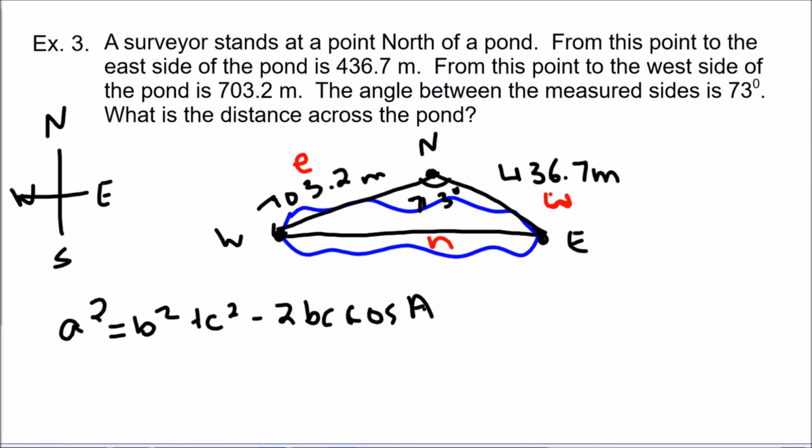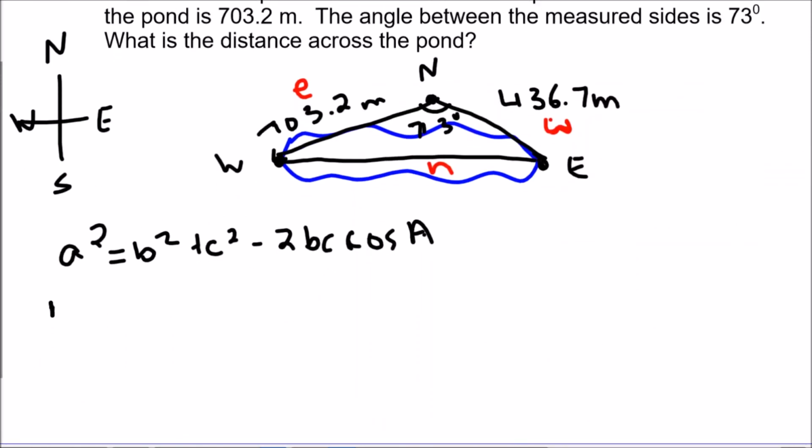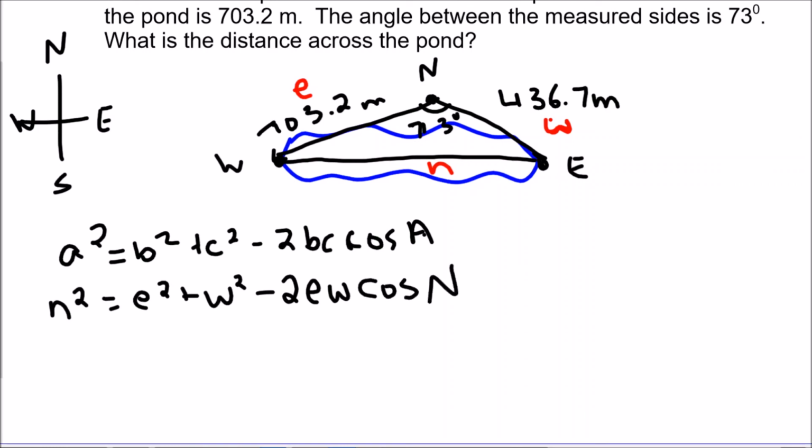So I might as well make my life easy, so that n squared, right, now I'm replacing the letters I'm using in the question. N squared is e squared plus w squared minus 2ew cosine of angle n. Right, because these are the values we have. These are the variables we're using. I'm trying to find lowercase n. I'm trying to find the side length.